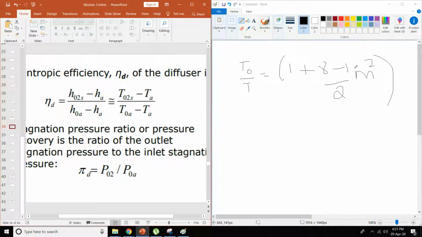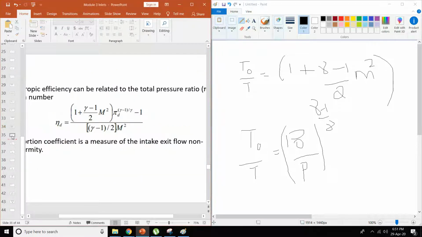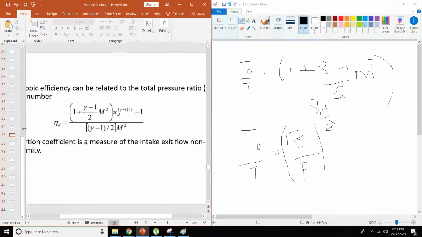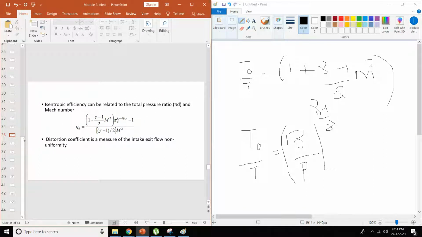So you try to deduce this using this, and also you had the relation T naught by T is equal to P naught by P to the power gamma minus 1 by gamma, which relates temperature and pressure. Using these two relations, you will deduce this isentropic efficiency. The derivation is not important. Even if you know this, it is quite enough. Just know how it can be obtained.